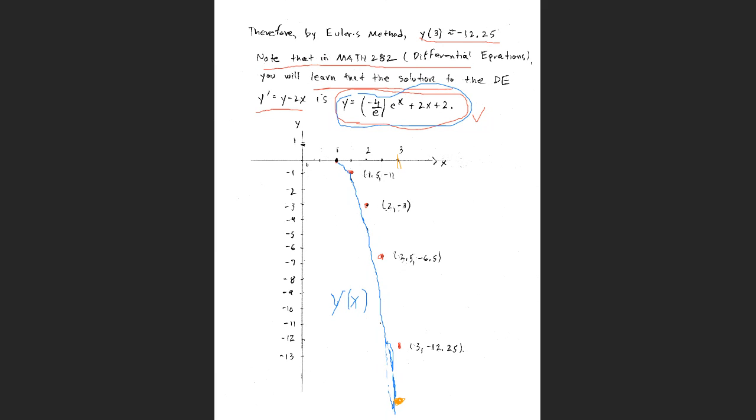The actual value when x is 3, let me put it in blue here. When x is 3, y is about equal to negative 21.6.